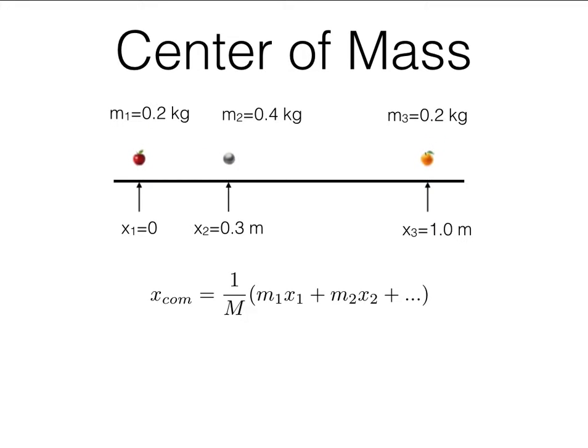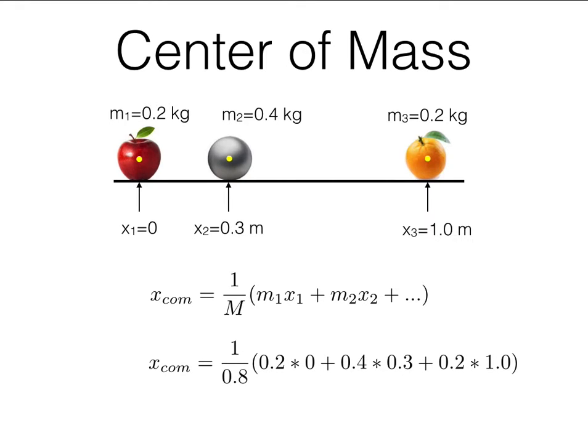As it turns out, it's perfectly reasonable when using this equation to pretend that for each of the individual masses, all of the mass is located at the center of mass of the object. I'll show you the proof of this in a later video, but for now, you're probably willing to believe that this is true. So those yellow dots represent the center of masses of each of the individual objects.